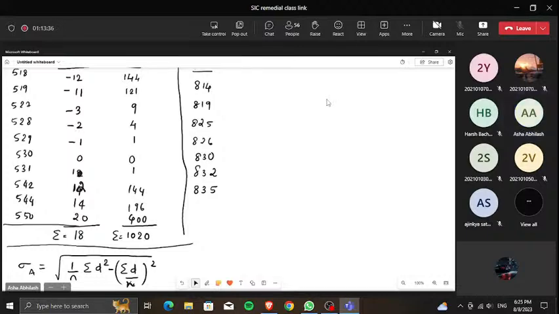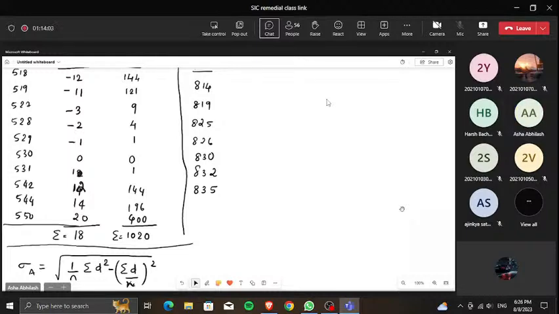And skewness, kurtosis, that also is there. I have already mentioned that today we are going to discuss coefficient of variation, moments, skewness, kurtosis, and correlation. These three topics. Okay, ma'am.